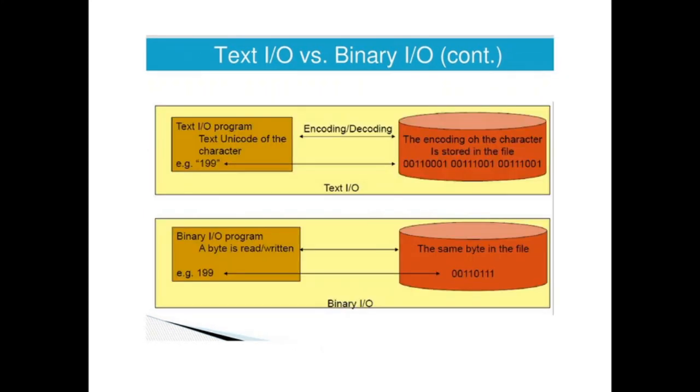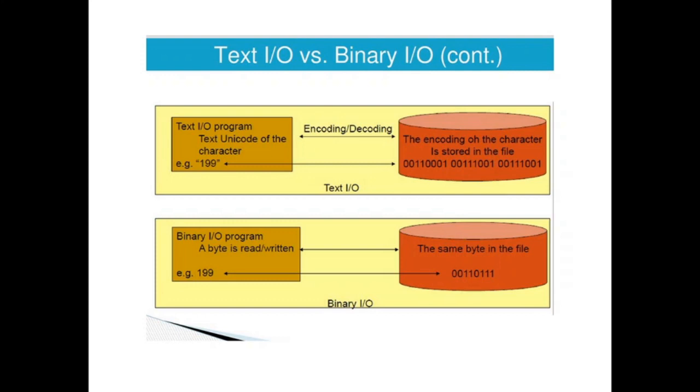Now this will be very beneficial for you. Looking at the diagram, there is a clear separation between the text input output and binary input output program. In case of text input output, the Unicode of the character is 199, so it will be converted into binary and then stored.